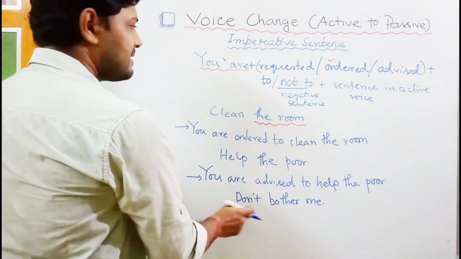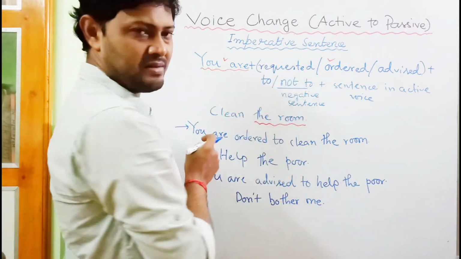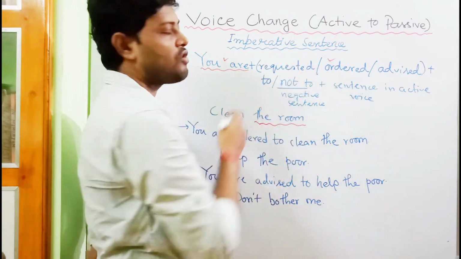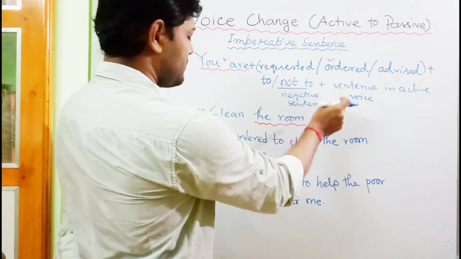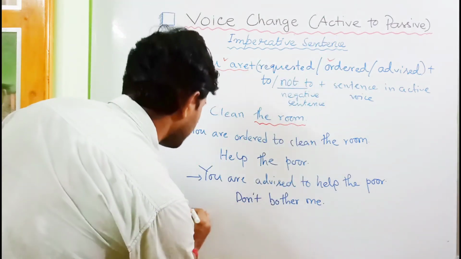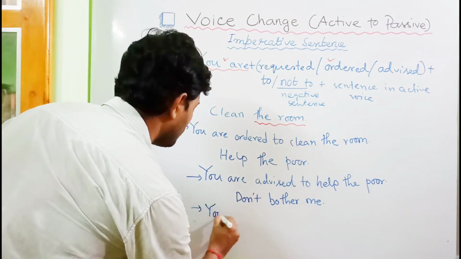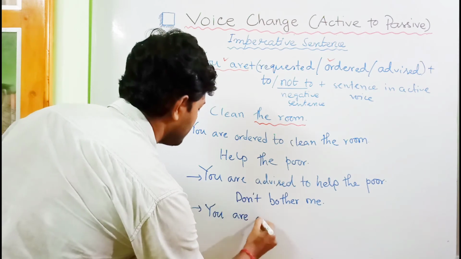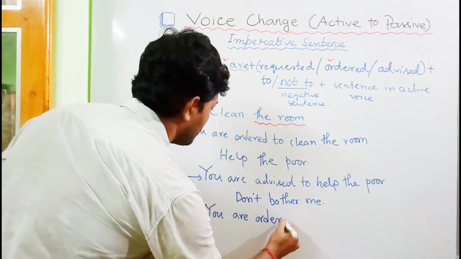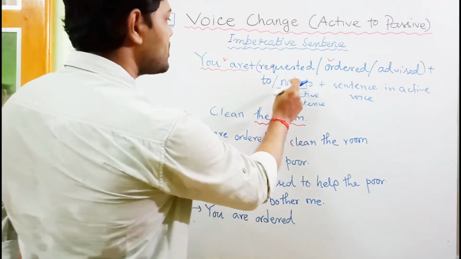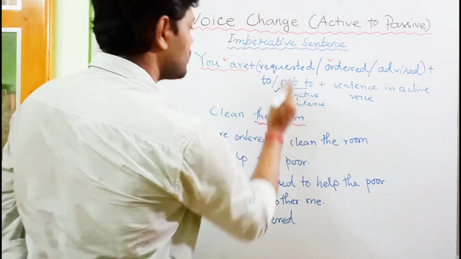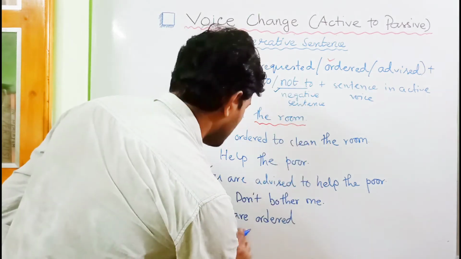And it is a request maybe, or maybe an order, because the person is angry. Don't bother me. So consider this as an order. Then the answer will be "you are ordered." As it is a negative sentence, we will write "not to."